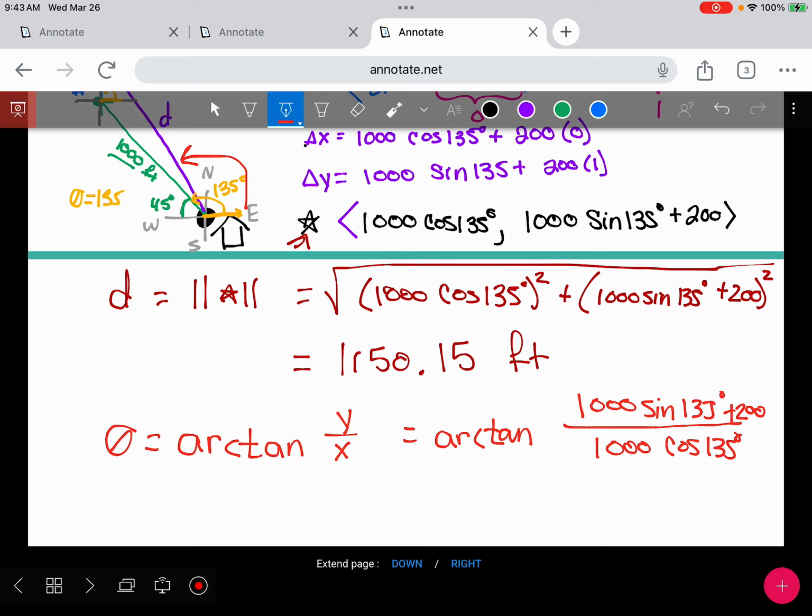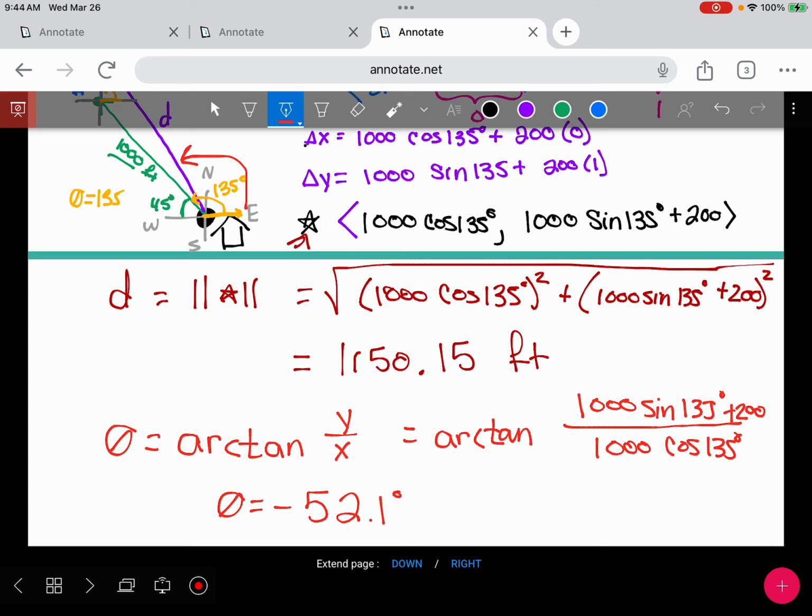It's a lot of stuff. Aren't we glad we get to use calculators? Okay. So we type that in the calculator. It's going to spit out negative 52.1 degrees. Is that the right angle for us?